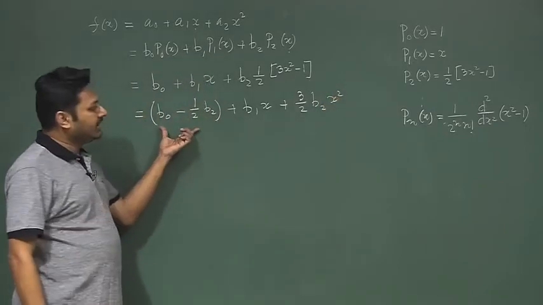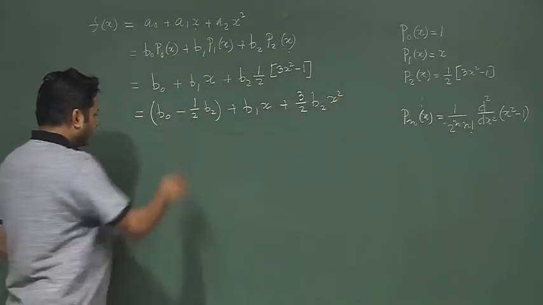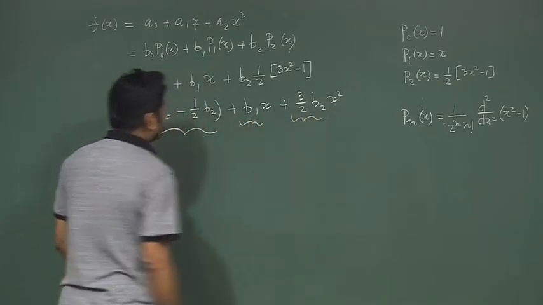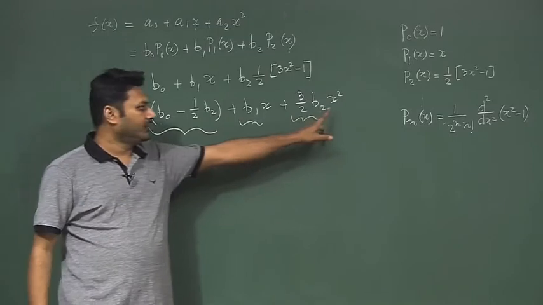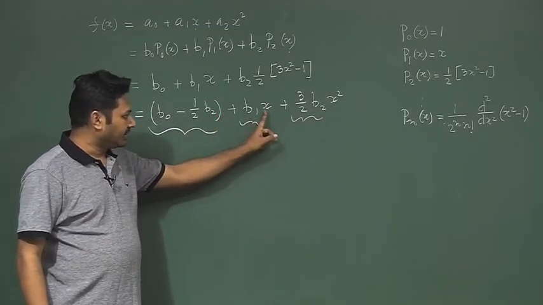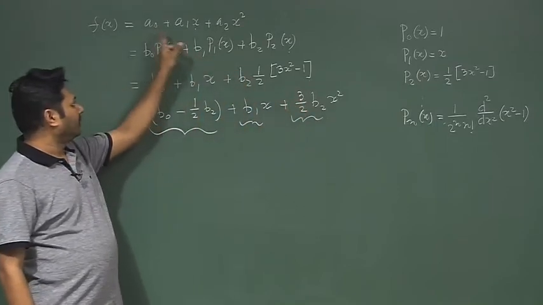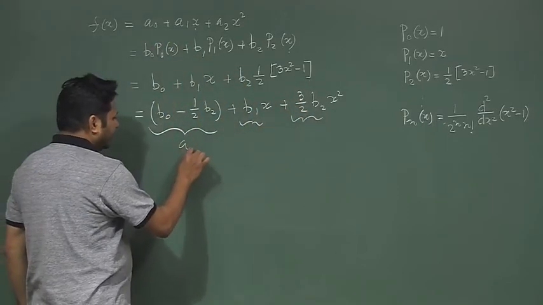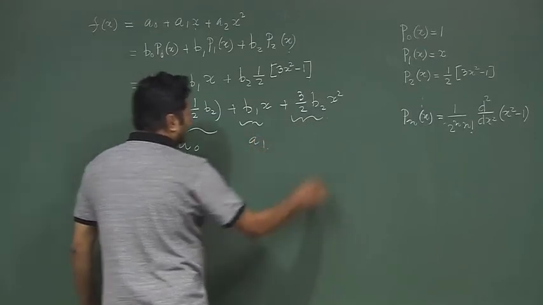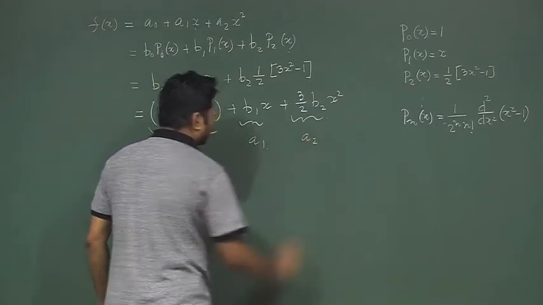Now, you can readily find that this is written in the form of monomial basis. This is of order 1, this is x and this is x square, exactly the way it is given. So, essentially this is equal to A0, this is equal to A1 and this is equal to A2.